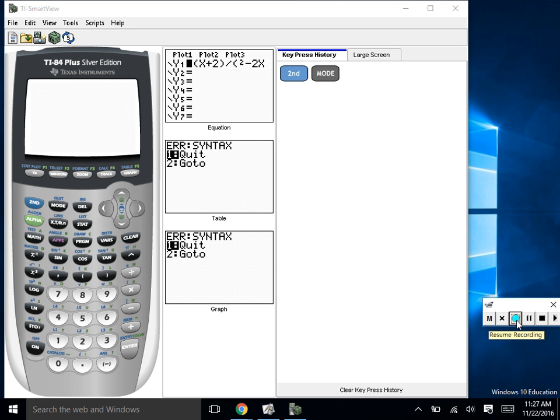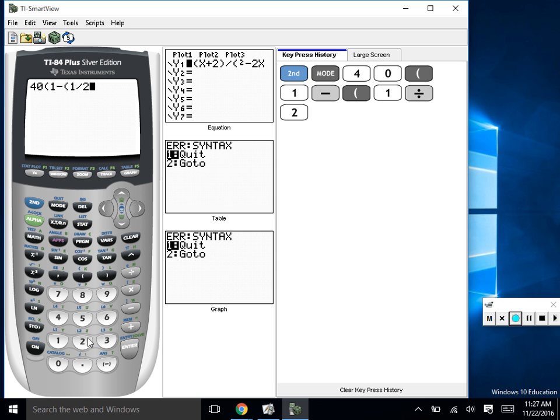So on top, we have our 40. So 40 times 1 minus, I'm going to just type in, well, you could type it in like this, minus parentheses 1 half, close your parentheses, raised to the 10th. Now I'm closing my parentheses around that part.